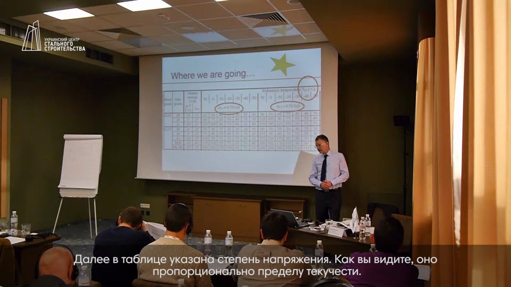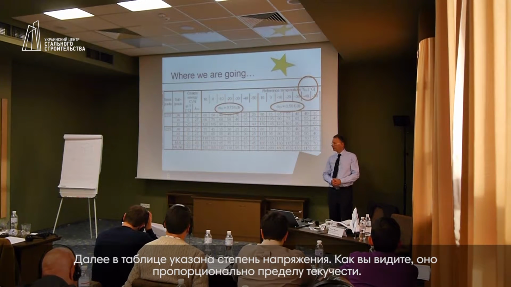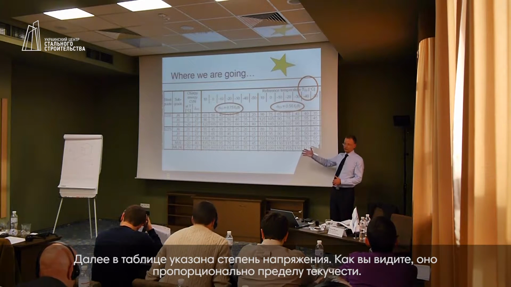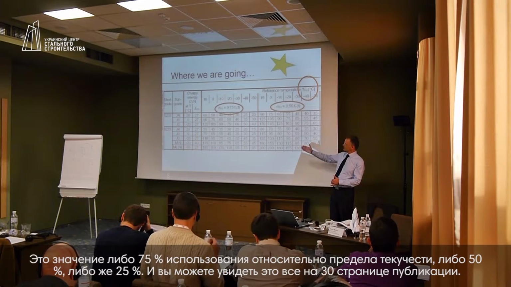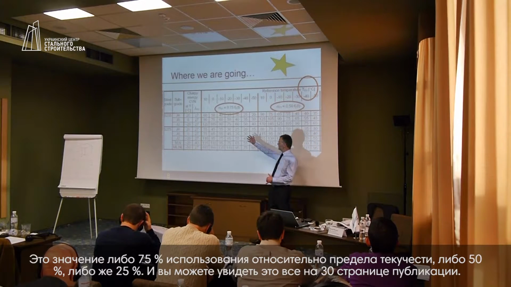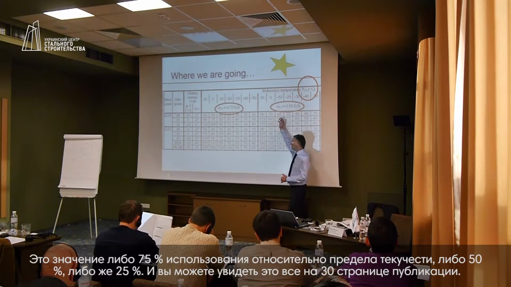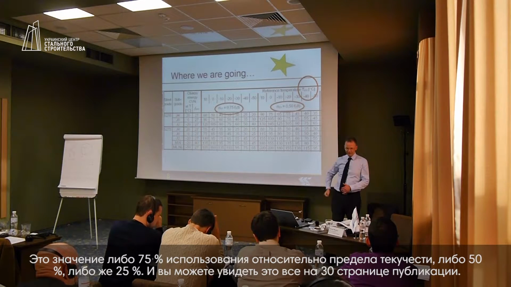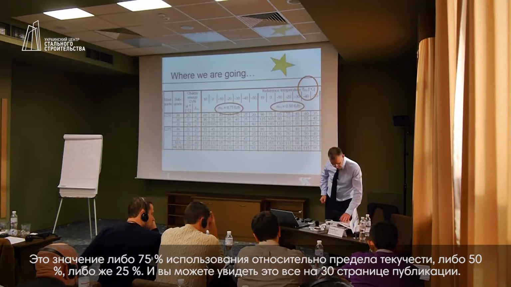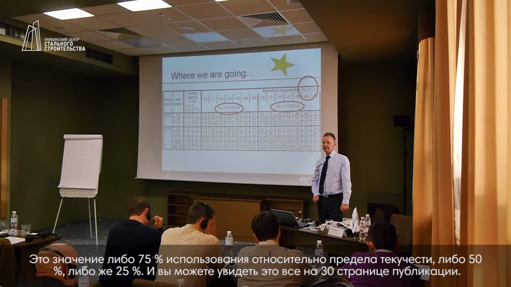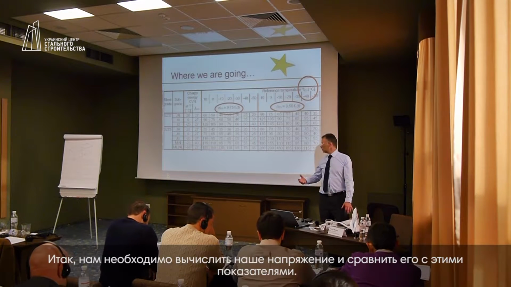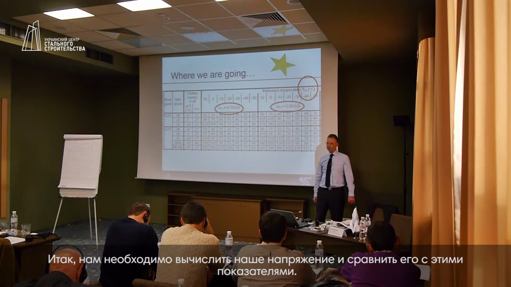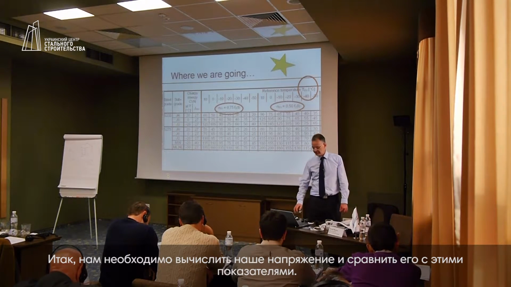And then there is a state of stress, and you can see that's delivered in terms of a proportion of yield. So is it 75% of yield? Is it 50% of yield? Off the screen, is it 25% of yield? And you see those on page 30. So we need to work out our stress and compare it with the yield strength.